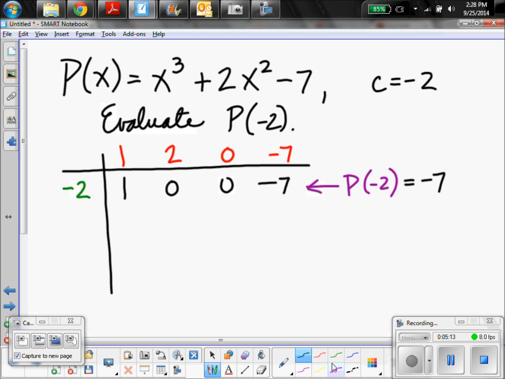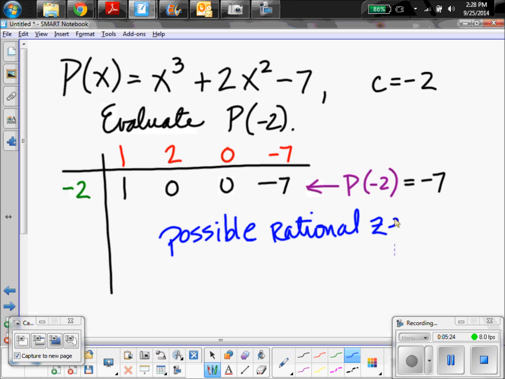Okay, so what are, again, the possible rational zeros? I mean, the c value was given to me here. But what if I don't know what to plug in? What if I don't know what numbers to try in my synthetic division? That's the point. You're trying to narrow down your results. My numerator will be all the factors of 7, my constant term, which are 1 and 7. And then the denominator will be factors of my leading coefficient, which is 1, and all positive and negative values.